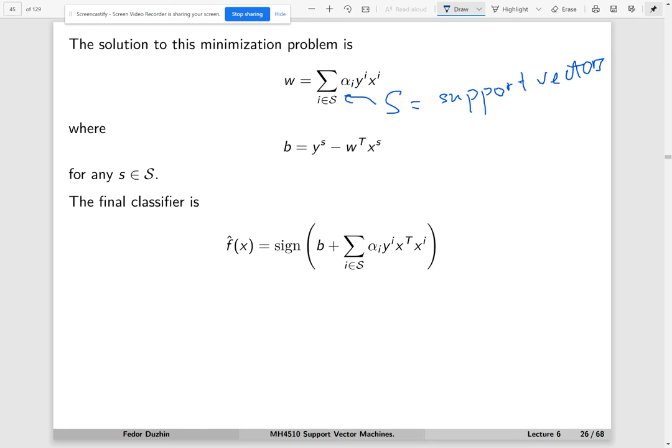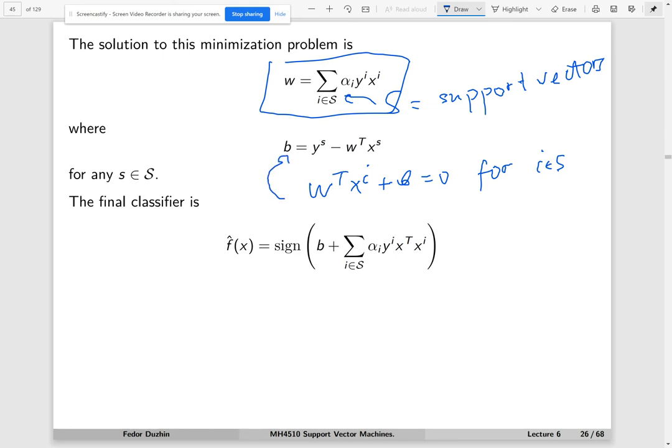So if we have 5 support vectors, then w is going to be a linear combination of these 5 support vectors. b can be found from the equation: we know that w transposed x_i plus b is 0 if i is a support vector. This is how I got this equation, and here is the final classifier.